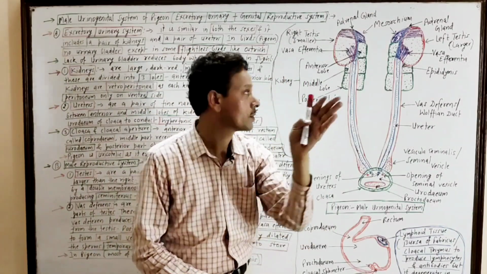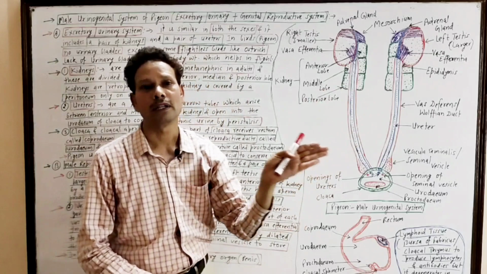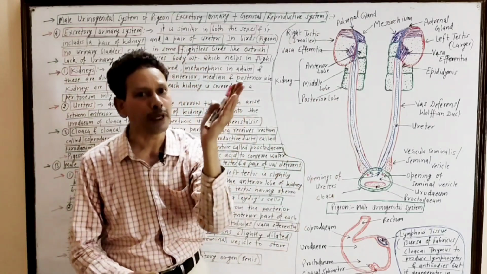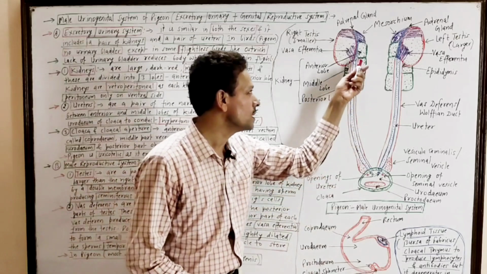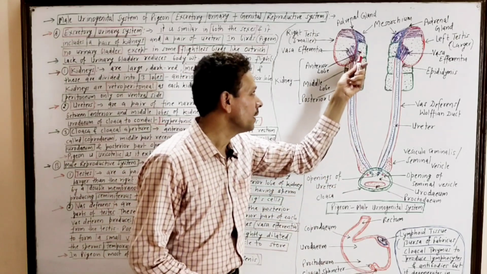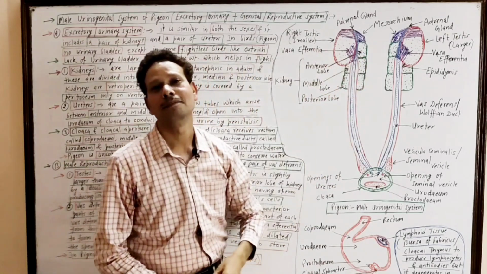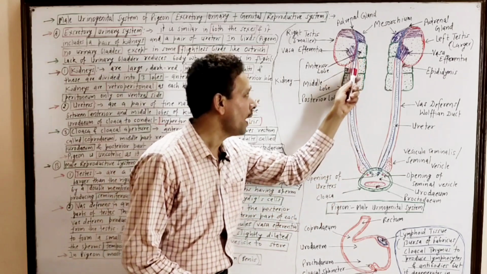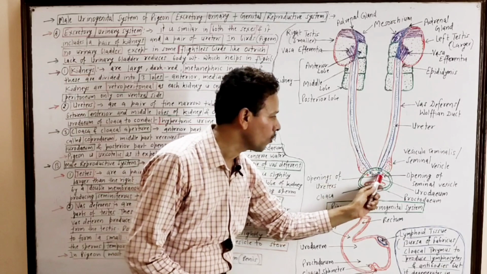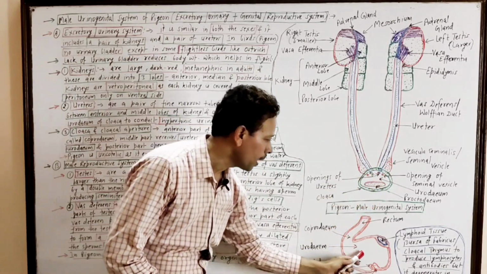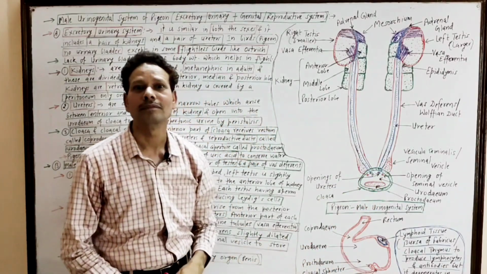So kidneys are retroperitoneal. From the anterior and middle part of the kidney, a fine duct arises, the ureter, and this ureter opens in the middle part of the cloaca, the urodeum.